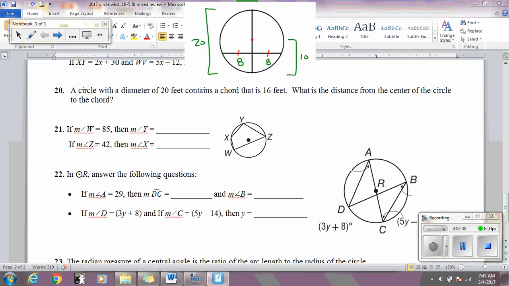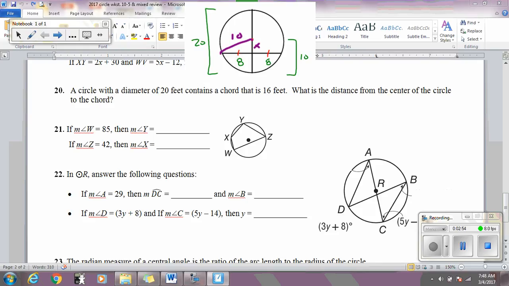So you're going to draw a radius to the chord, and that radius is going to be 10 because that's half of your diameter, of course. And we're looking for this part anyway as our final answer because that's the distance from the center to the chord.